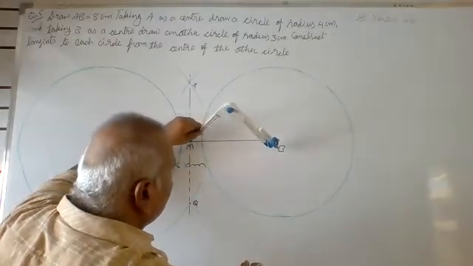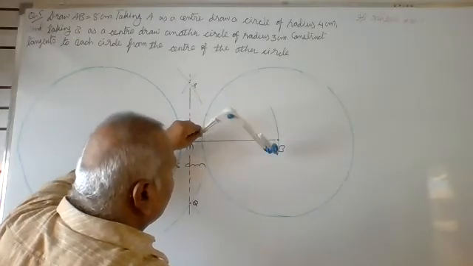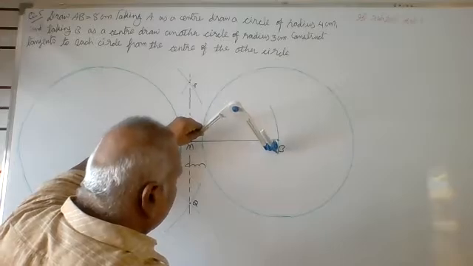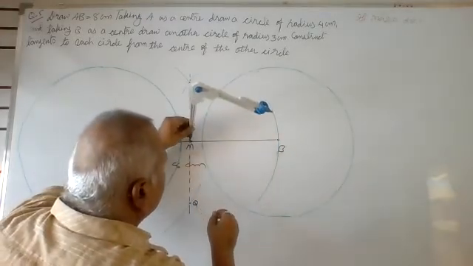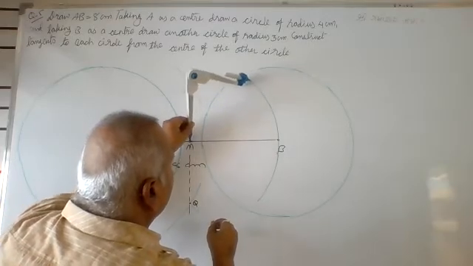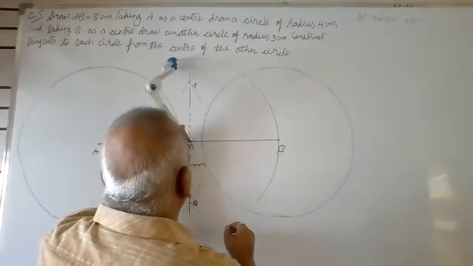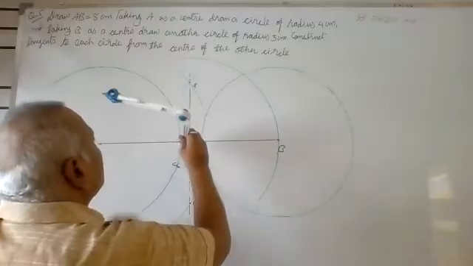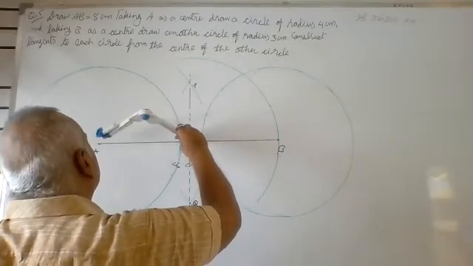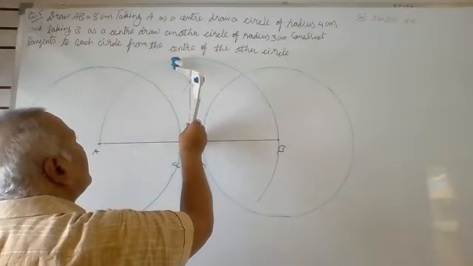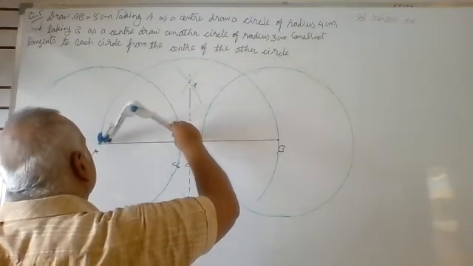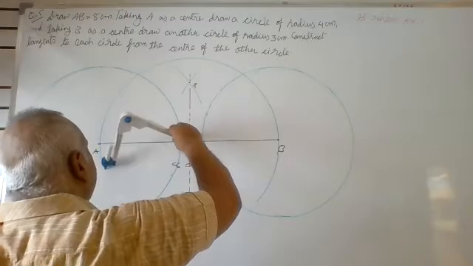So from here, like this, we have to draw the circle, and it must pass through A also. This circle must pass through A also, like this.